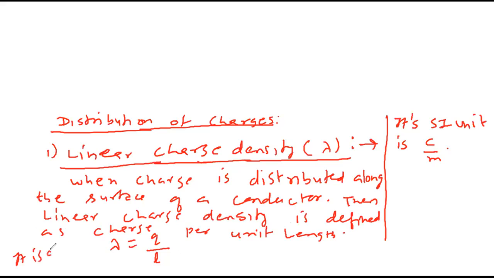It is given by lambda equals Q by L. SI unit is coulomb per meter.